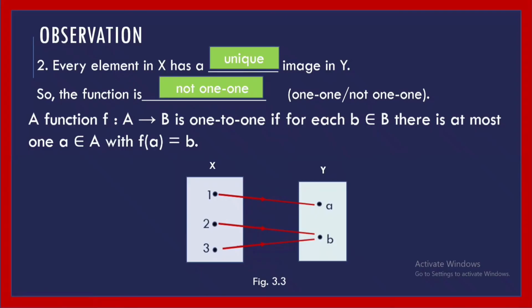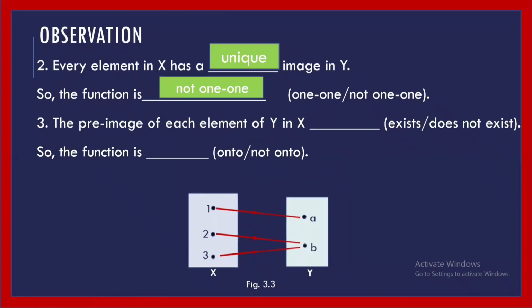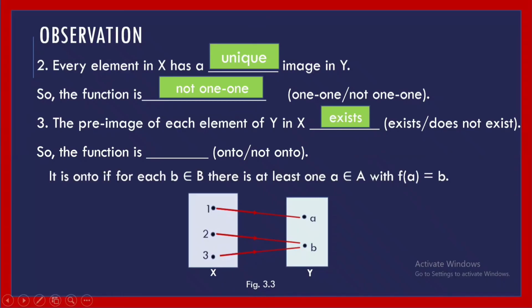Clear? Let us come to whether it is onto or not. Does the pre-image of each element of Y in X exist or not? Yes, it does exist. The pre-image of A is 1. The pre-image of B is 2 and 3 both. So the function is onto. Once again, let us recall the definition of onto. It is onto if for each b an element of B, there is at least one element a in A such that f(a) equals b. At least one.